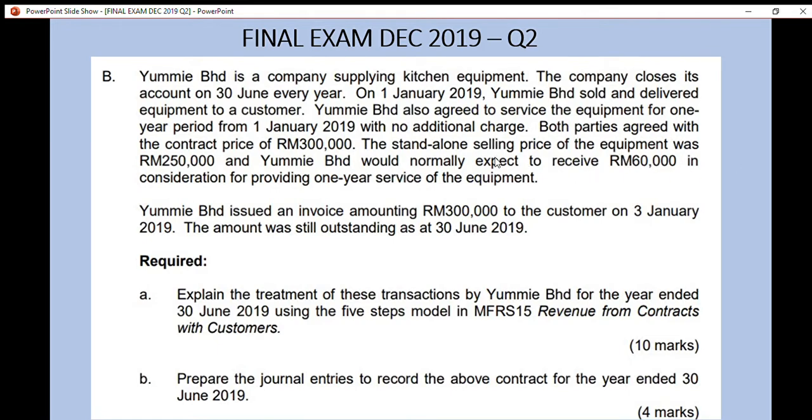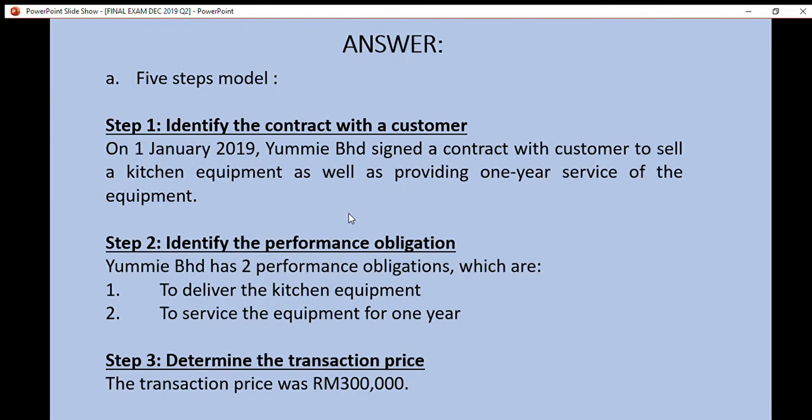So there are two standalone prices given, and therefore we can say that there are two performance obligations. Yummy Berhad has two performance obligations, which are first to deliver the kitchen equipment, and second to service the equipment for 1 year. So that is for step 2.